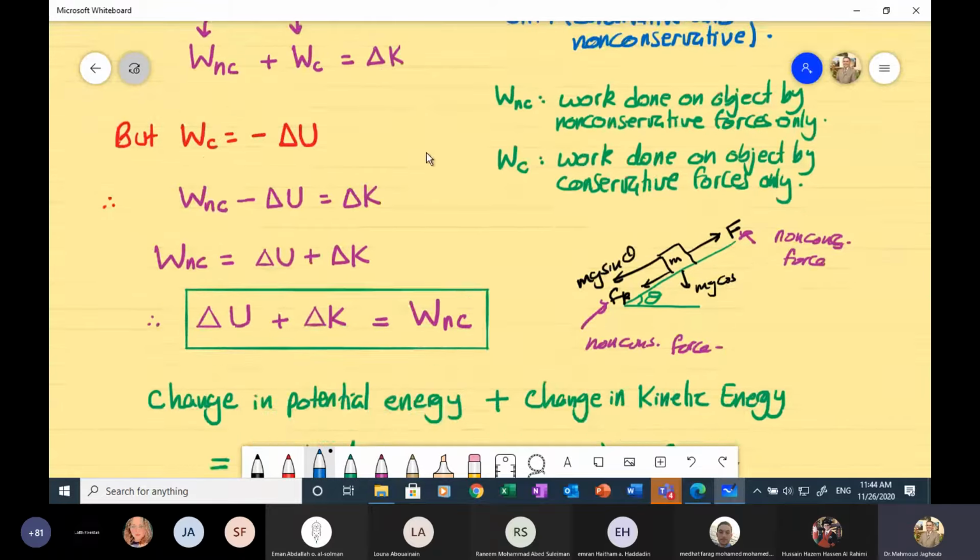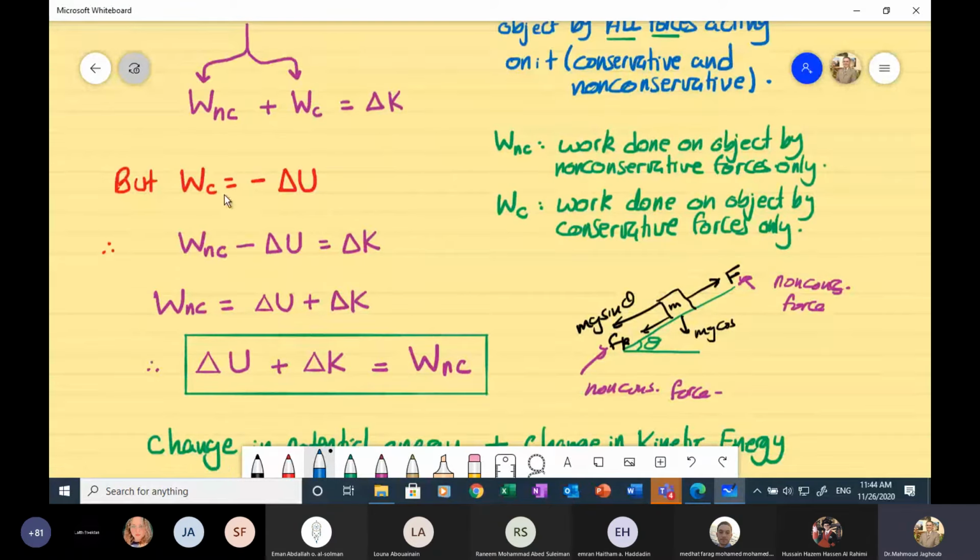Remember also from the last lecture that the work done by a conservative force, WC, always equals the negative of the change in potential energy. WC always equals minus delta U. So, evaluating for WC, we get W non-conservative as before.